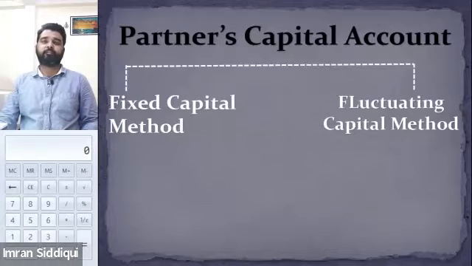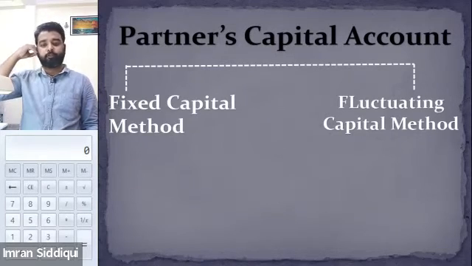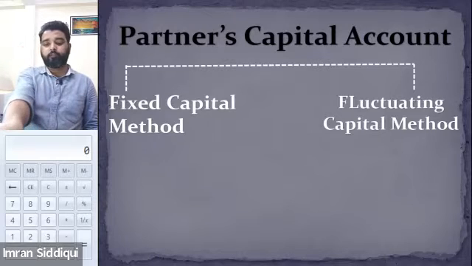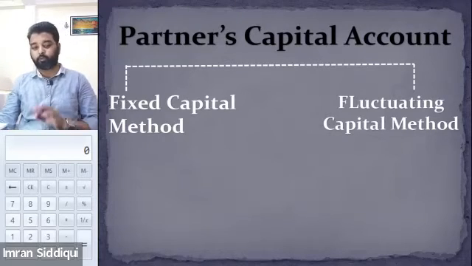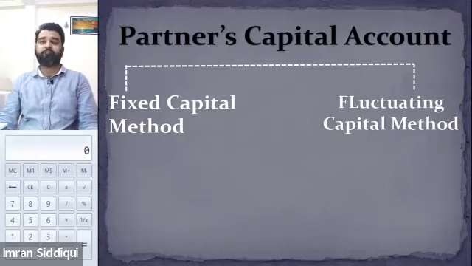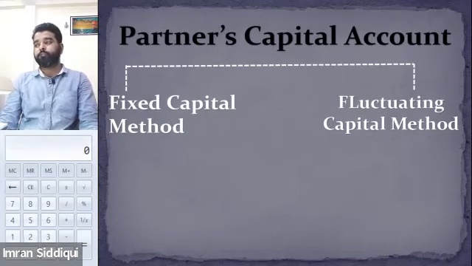The difference is that in case of the fluctuating capital method, we need to prepare only one account, which is called partners capital account. And in that account, we record all kinds of transactions that affect the capital balance of the partner.